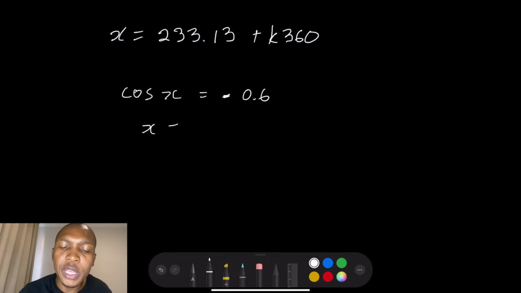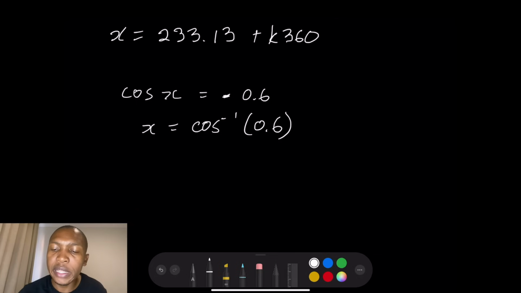So x would be equal to the arc cos of 0.6. So I'm omitting the negative. What you would have found there is 53.13 degrees.